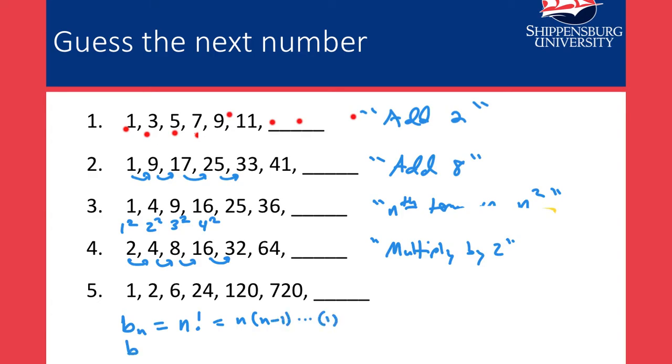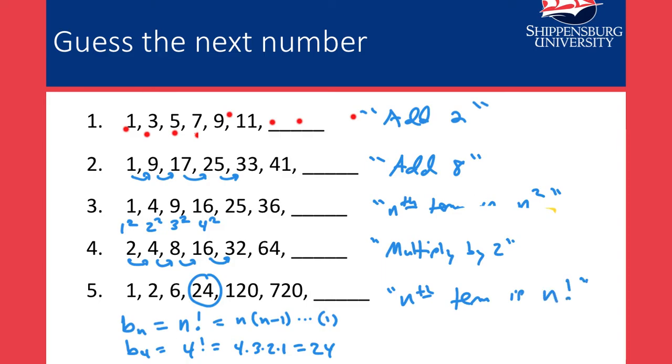And so, for example, B sub 4 will be 4 factorial, which is 4 times 3 times 2 times 1. And if you do that, you get 24, and you can see that is sure enough what's happening there. The fourth term is 4 factorial, so in general, the nth term is n factorial for this.